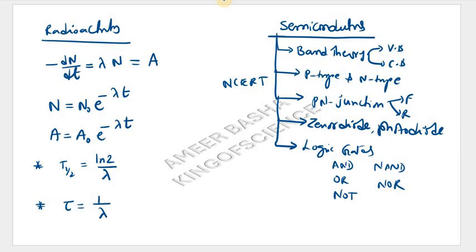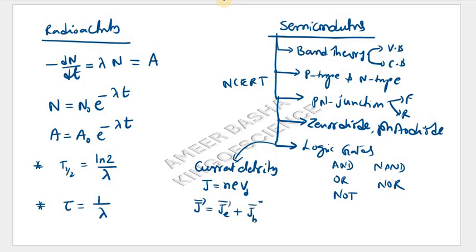Apart from that, whatever you have learned in the current electricity chapter, for example, we may require the drift velocity, and current density and drift velocity are related as J equals n e v d. Here I require the total, in the sense that electron drift is there and hole drift is also there, both are there.